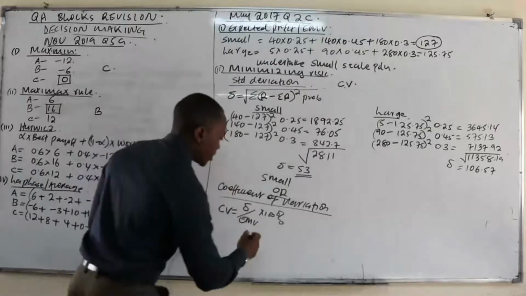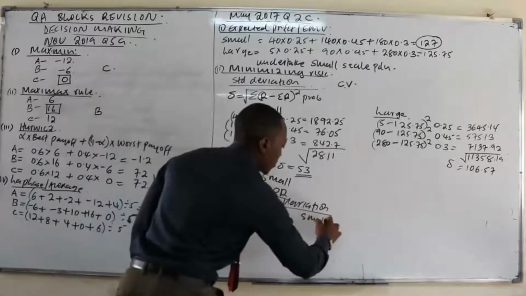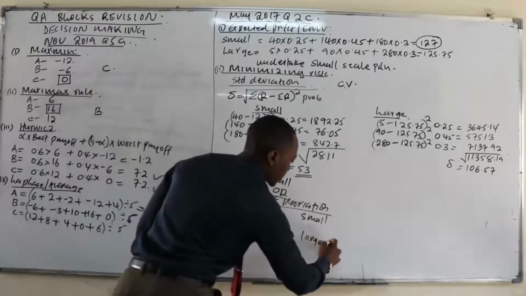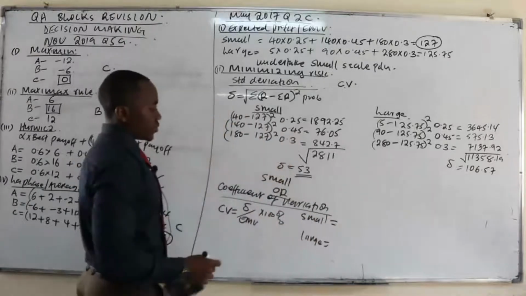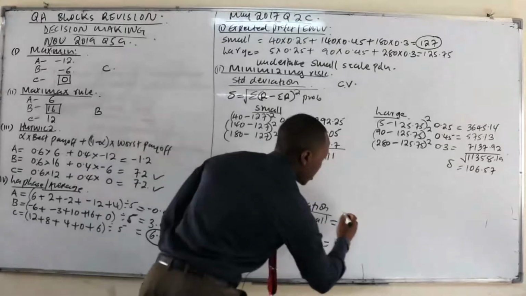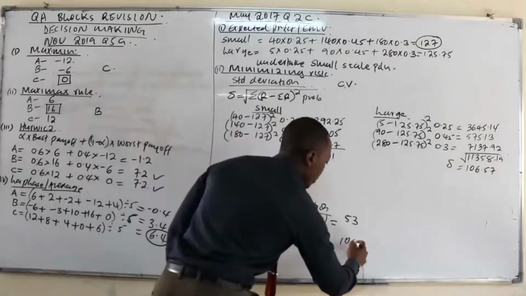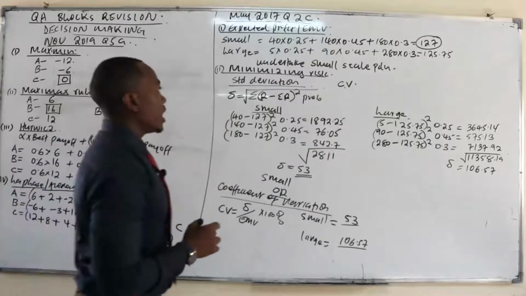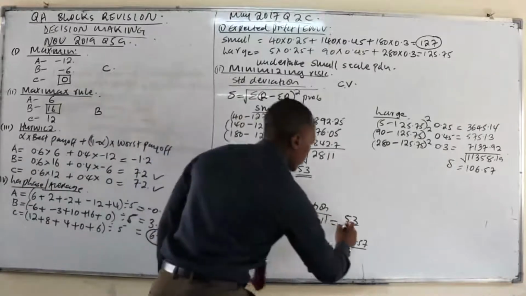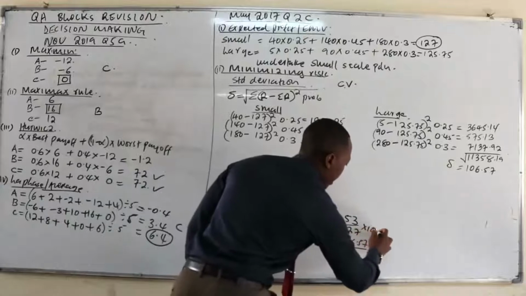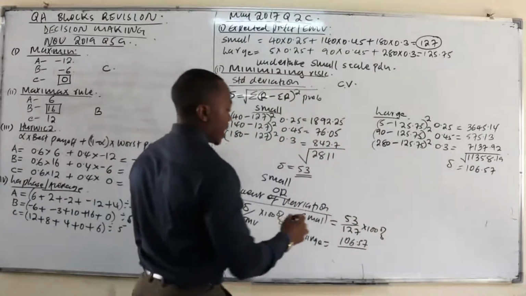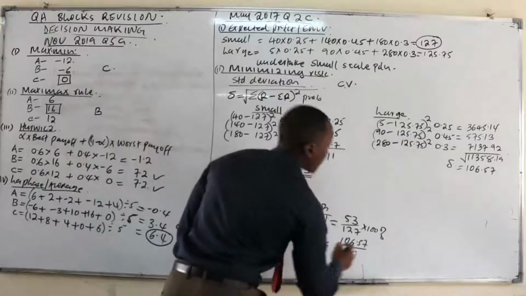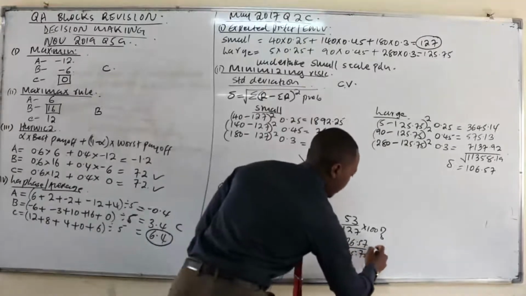So let's do it for small and for large. The standard deviation for small scale was 53, and for large it was 106.57. Then you divide by the EMV, which for small scale was 127, and multiply by 100. For the other, we had 125.75 times 100.